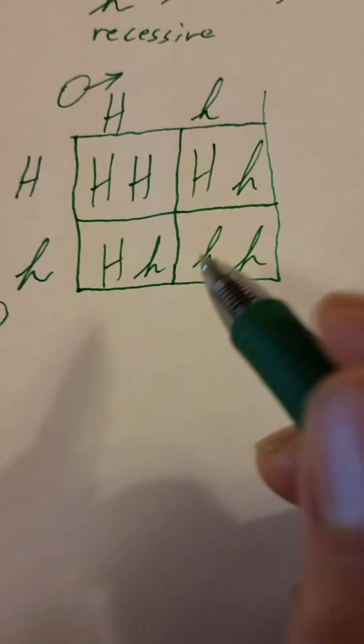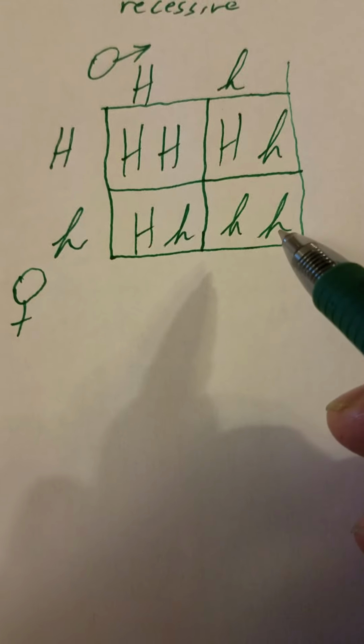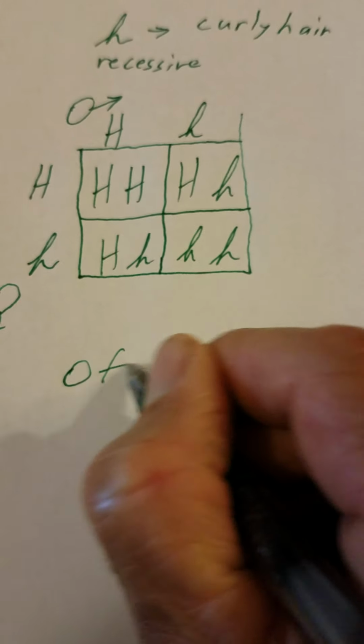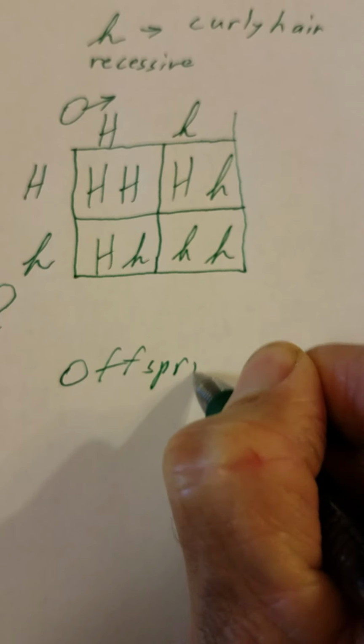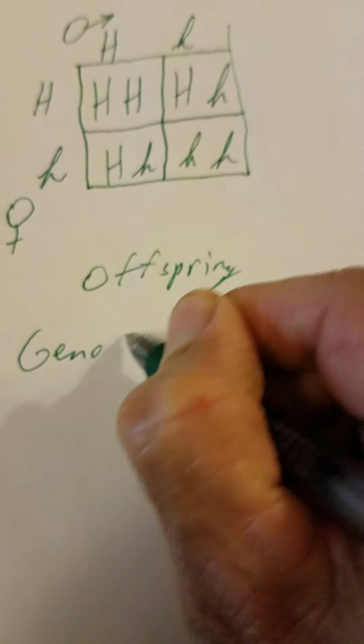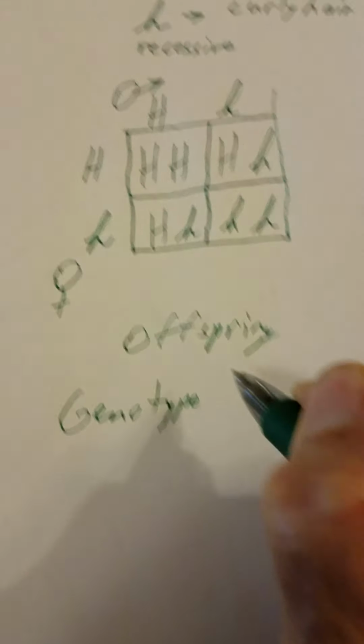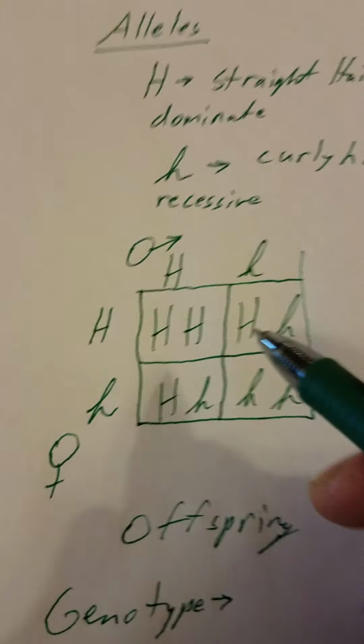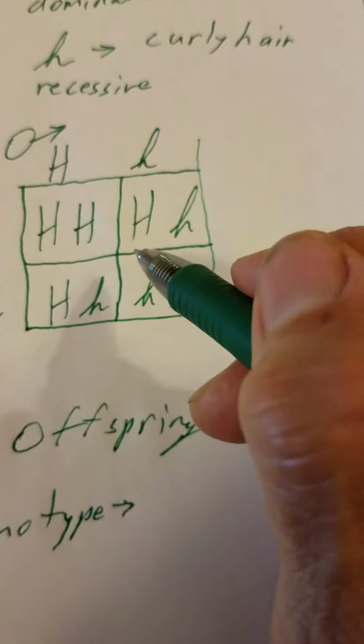Okay, so when we look at our Punnett square box right here, and we say, all right, so what are the offspring gonna be? All right, so we know that when we're looking at this, the genotype, which is just the types of genes they could have, these letters.